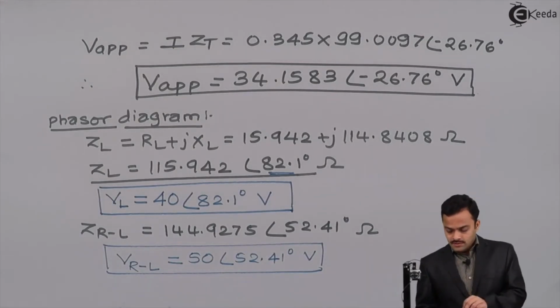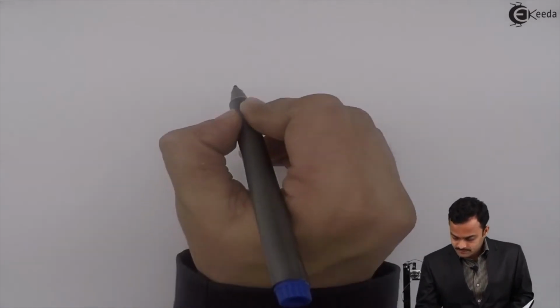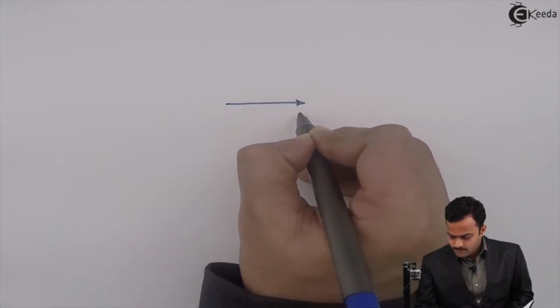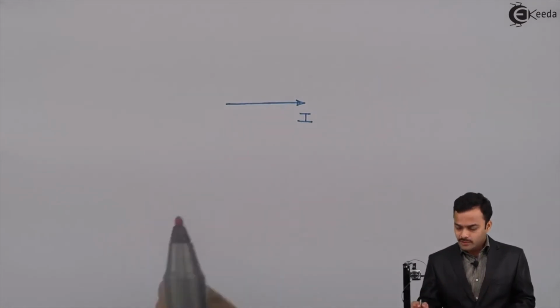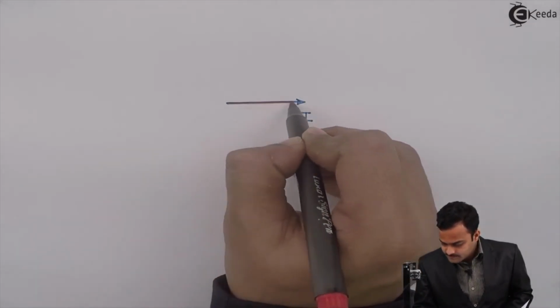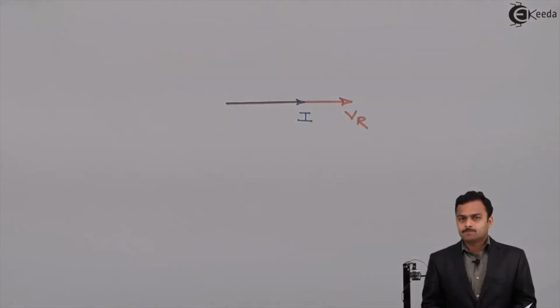And now let's draw the phasor diagram. So first I will consider a reference phasor. So it's the current, because in a series circuit current will remain the same. Next we have VR, that is of 25 volt, and VR will be in phase with I because it's purely resistive. So this will be VR.